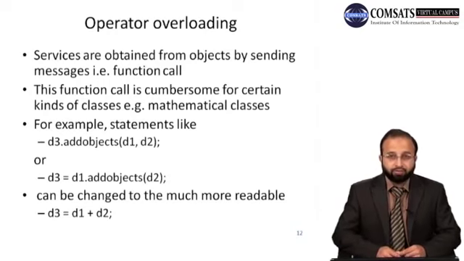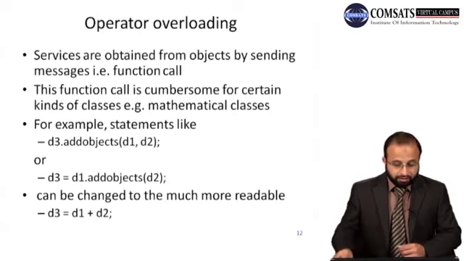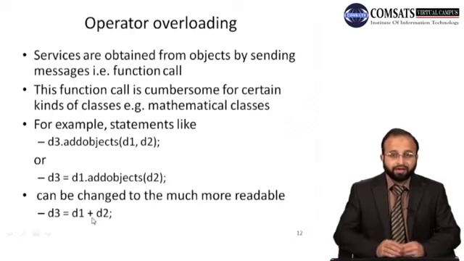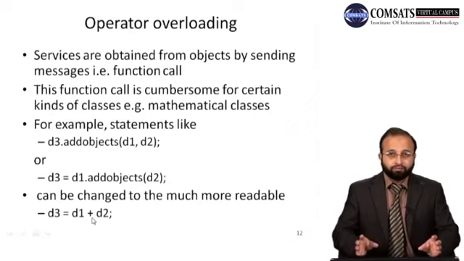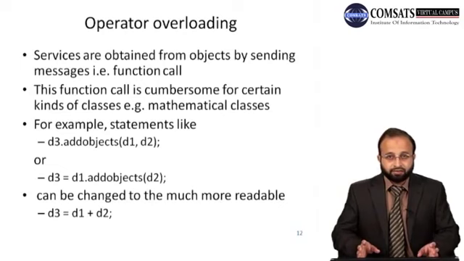But this cannot be achieved implicitly by C++. You have to do something explicitly, that is you have to overload this plus sign so that it can add two objects of a distance class, for example.